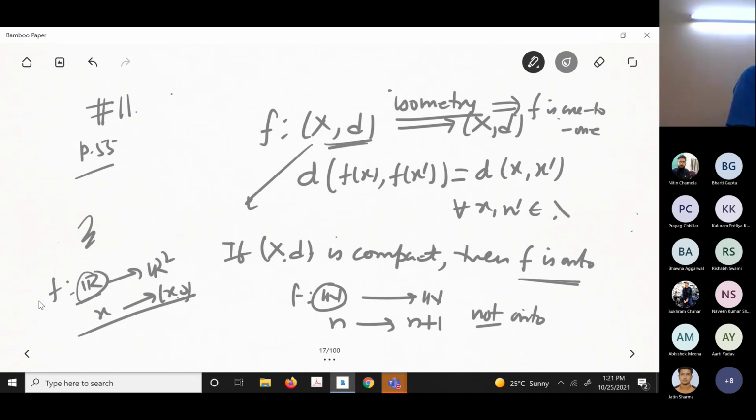Okay, I'm just saying it's optional, but if you want to try it, don't use the definition. You can use the sequential characterization of compactness here, or the accumulation point: every infinite subset of X has an accumulation point. Actually, if you assume this is not onto, you can get a contradiction to any one of the conditions you assume, that every infinite subset of X has an accumulation point or every sequence in X has a convergent subsequence.